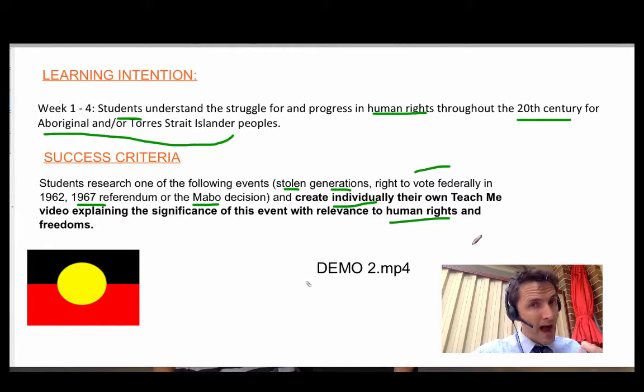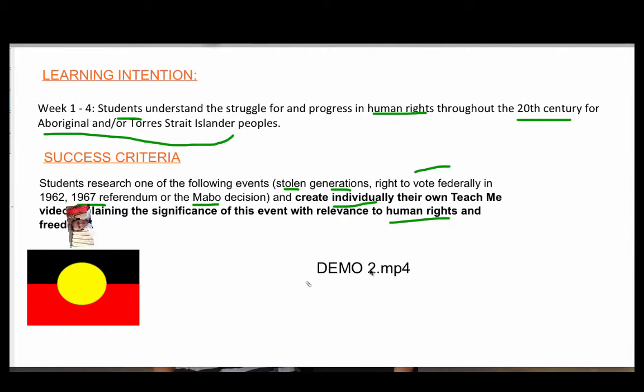So human rights are a part of this, guys, so you're going to be looking at the United Nations Human Rights Commission again.